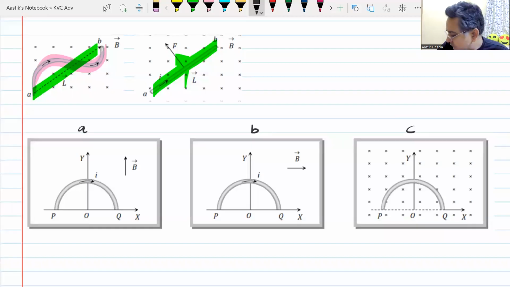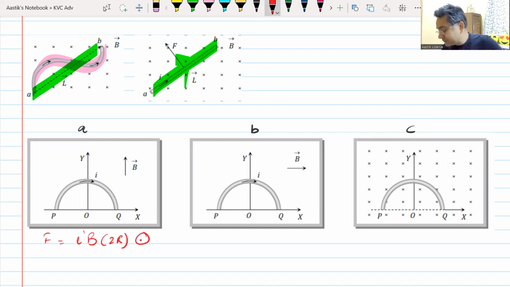In the first case it is I B 2R, and the direction is outside. Second case, 0.